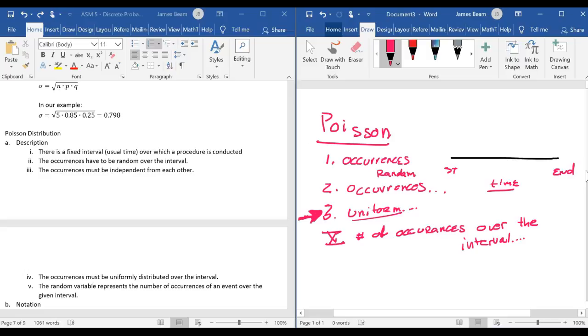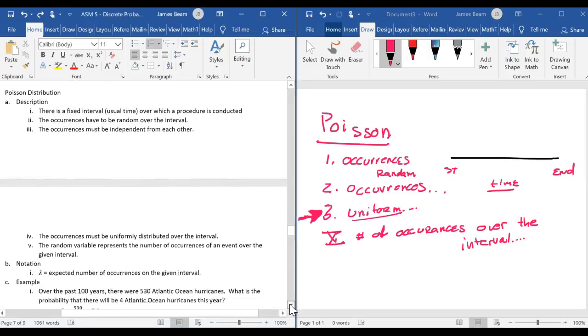So we'll assume that season is the interval, and hurricanes tend to not bunch up within the season, but they tend to bunch up within the year. So we're going to be okay. If you're wondering if I'm violating number 3 with my example, the answer is yes, I am, but it's still going to work because we're just going to have it be over the season and not the year. All right, so I'm going to let that go.